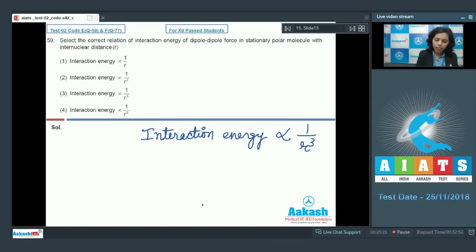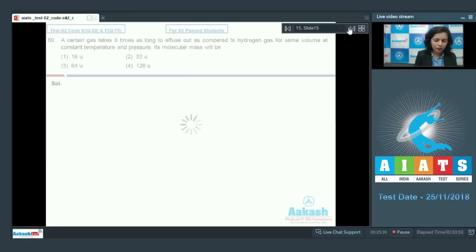And if it is so, you can easily find out the correct answer is given in option 3, and the correct answer is option 3.